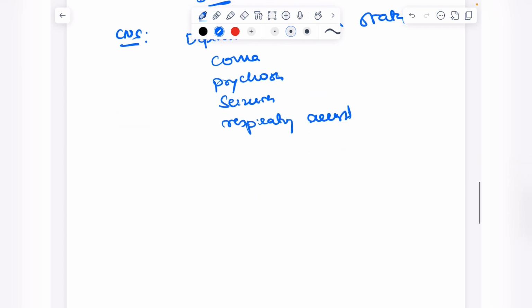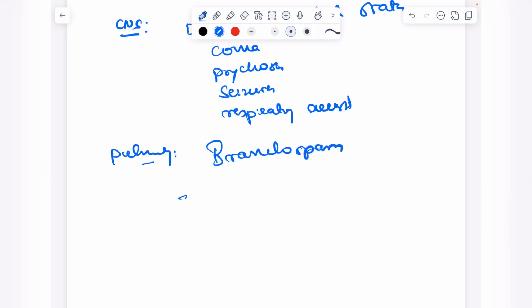Pulmonary symptoms are related to bronchospasm, so you will get bronchospasm. And in biochemical metabolic parameters, you get hyperkalemia and possibly hypoglycemia or euglycemia. Most of the time it is euglycemia; sometimes you may get hypoglycemia.